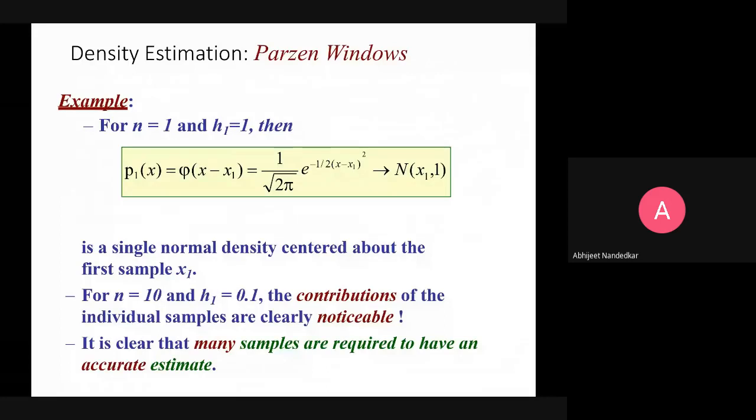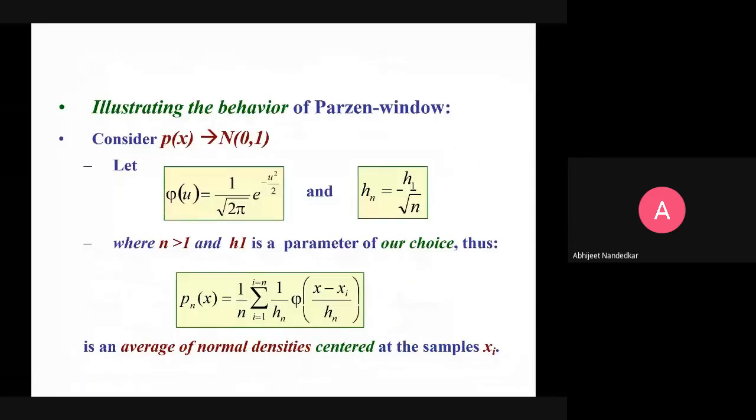So here is one example where we have considered the true distribution as normal with variance 1. This is just one example to show how Parzen window works.